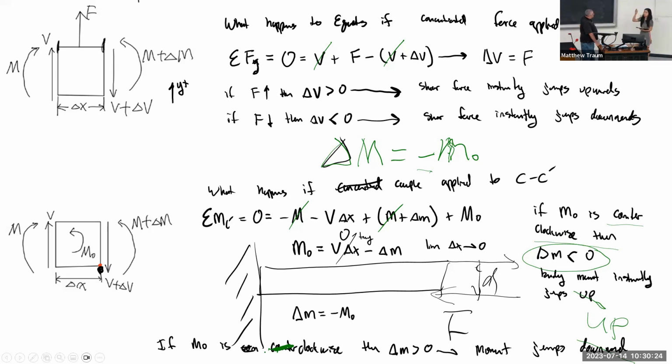So this delta is always from the left side to the right side. And when it's upward, it means that your bending moment diagram will jump upward. So the right side minus the left side, if it's a positive value, you jump upward. If it's a negative value, it means that you need to jump downward.